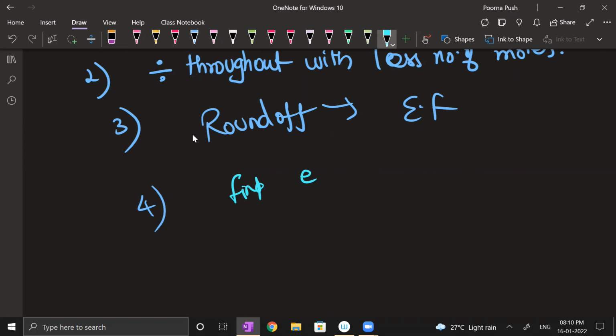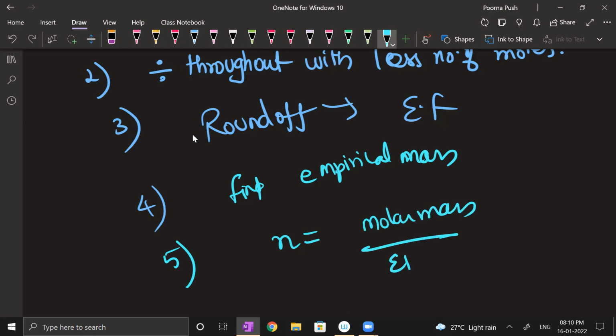Then n, an integer number, is the molar mass divided by the empirical mass. Then finally, the sixth step will be n into the empirical formula. That's it.